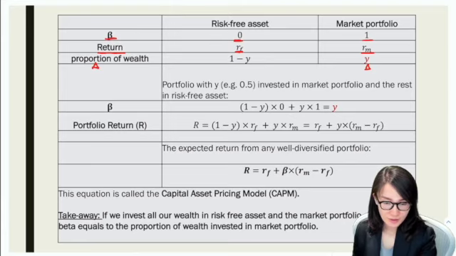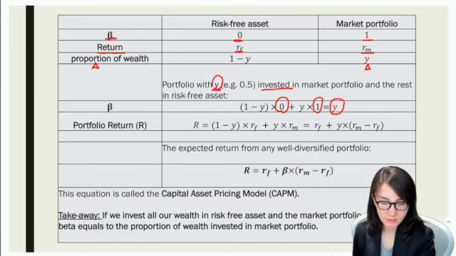And the portfolio with Y proportion invested in the market portfolio and the rest in the risk-free asset will have a beta of the weighted average between the risk-free asset's beta and the market portfolio's beta. So we have (1 minus Y) times 0 plus Y times 1. And the beta of our portfolio is Y, which is equal to the proportion we put into the market portfolio. Okay, we got the first part down.